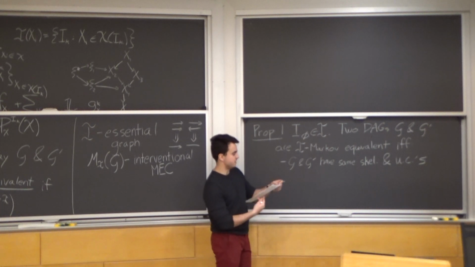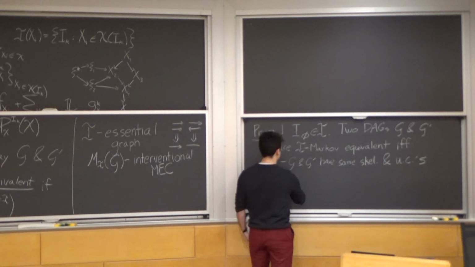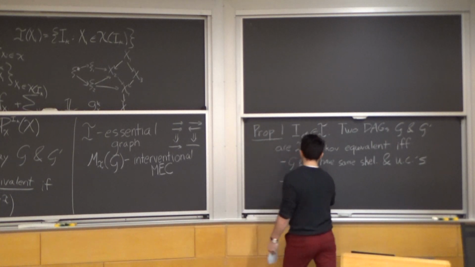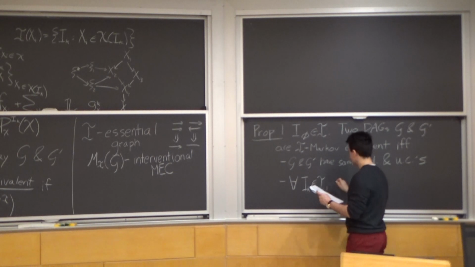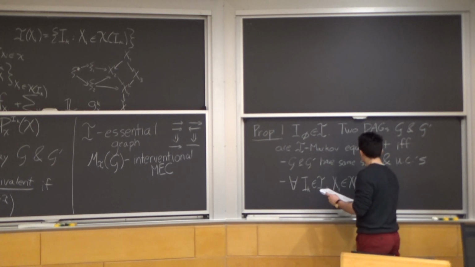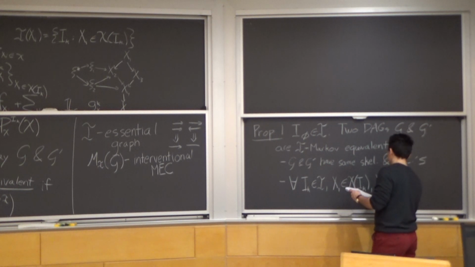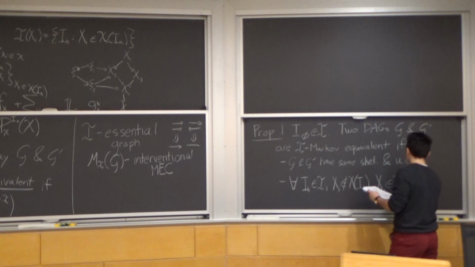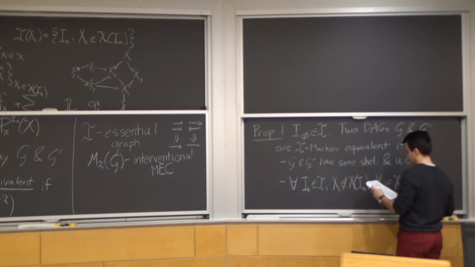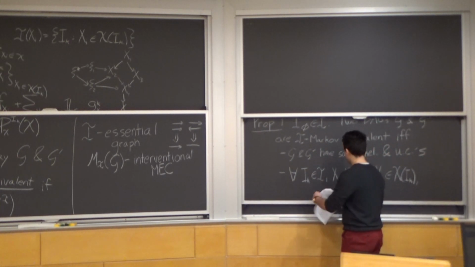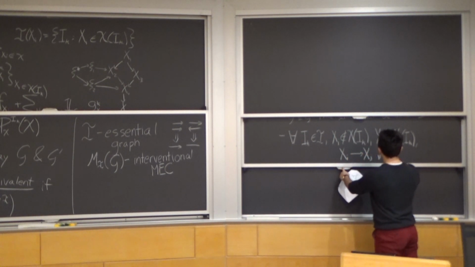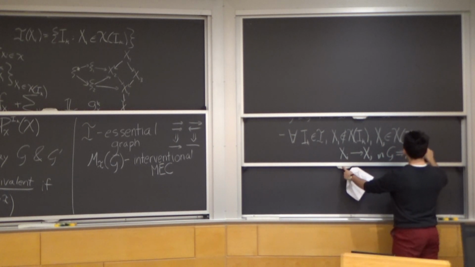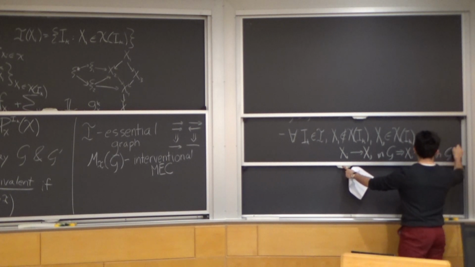Basically, we also need that for all interventions I_k in I, and for all pairs, if we have a pair X_i that is not an intervention target, and we have a pair X_j that is an intervention target, then the edge from X_i to X_j has to be oriented the same way in G as in G prime, if it's oriented that way at all.